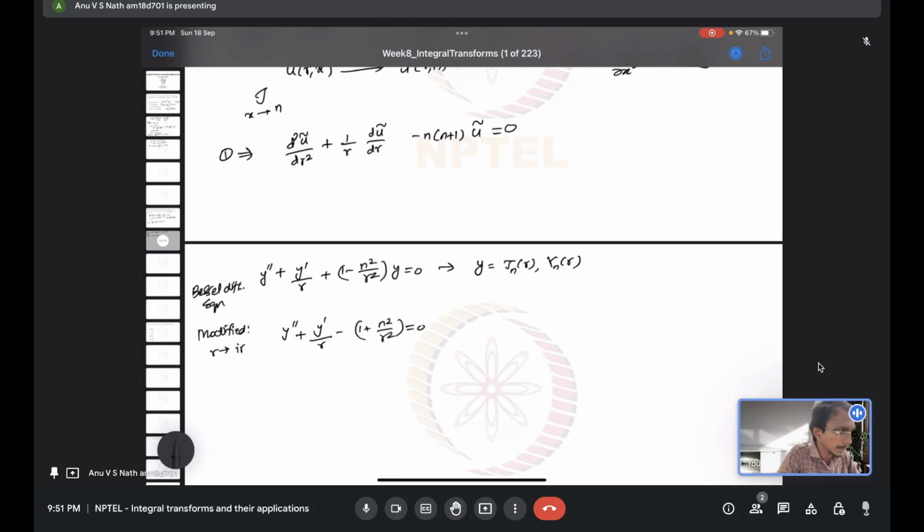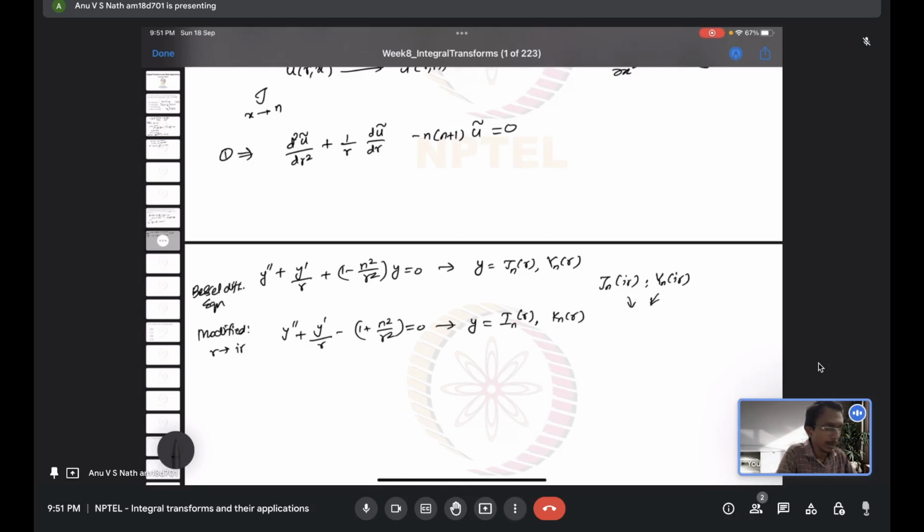Still the equation is valid, and the solutions will be Bessel In of r and Bessel Kn of r. You may think Jn of ir and Yn of ir are also solutions, right? They are also solutions. But Jn of ir and Yn of ir do not need to be real when r is real.